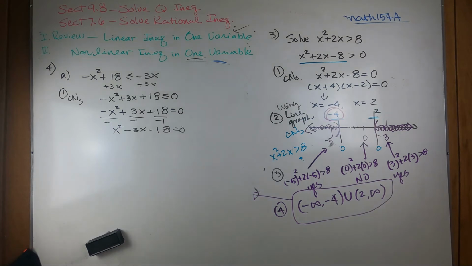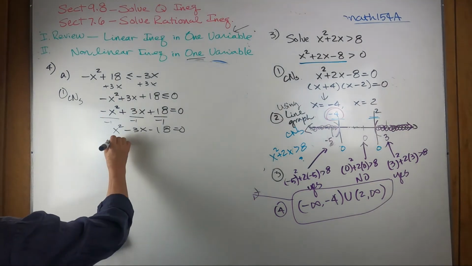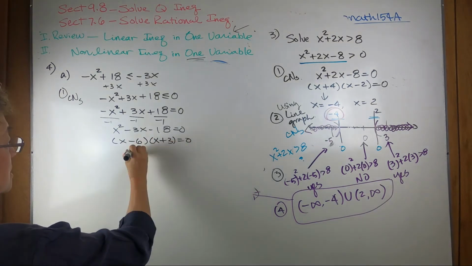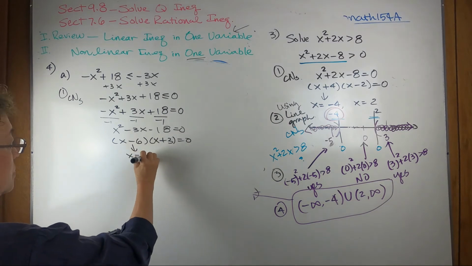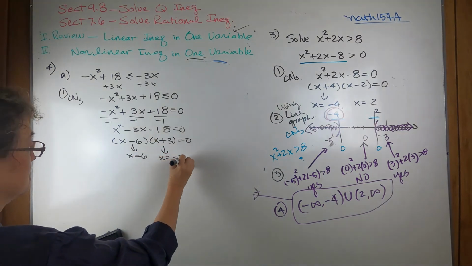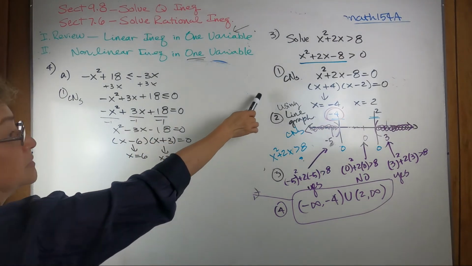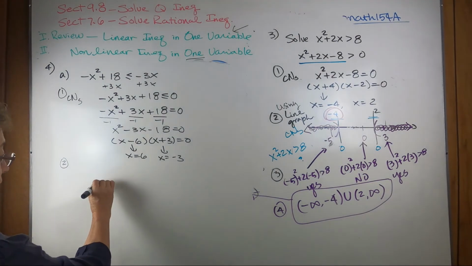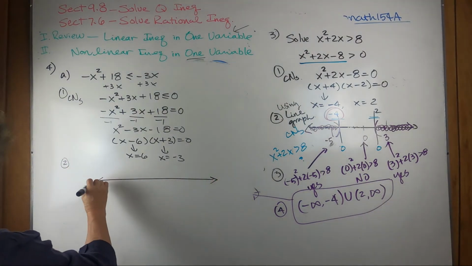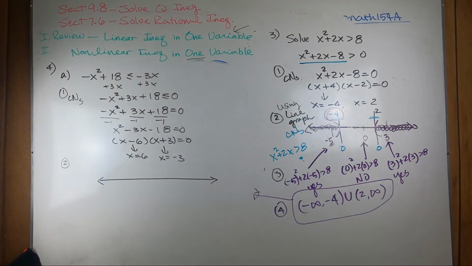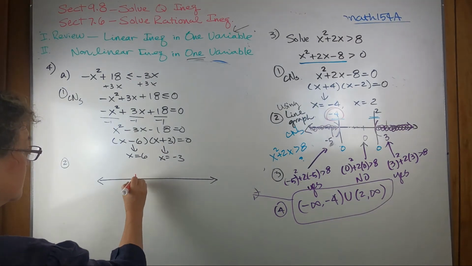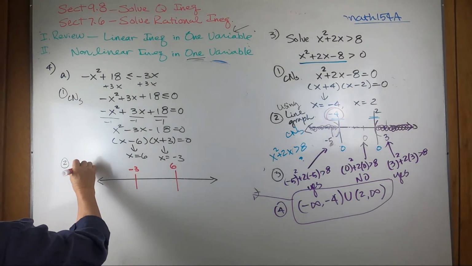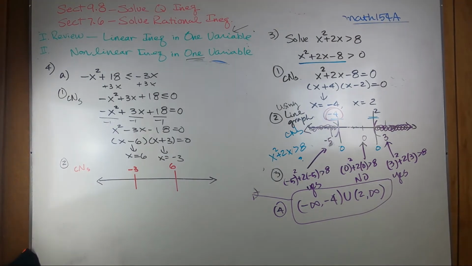Then we factor it: x minus 6, x plus 3 equals 0. So your critical numbers are what? One is 6, one is negative 3. That's your first step, find your critical numbers. Then you graph them on a number line to split it into 3 regions, one at negative 3, one at 6.